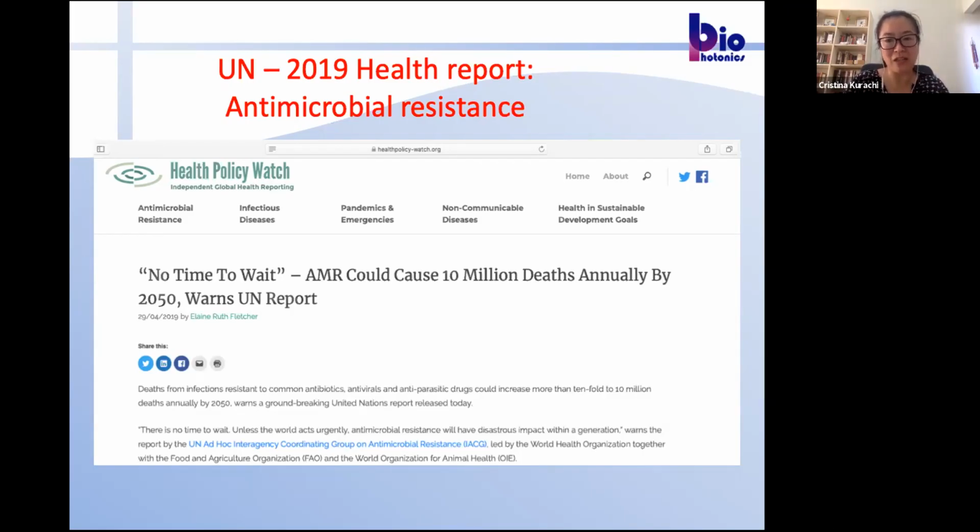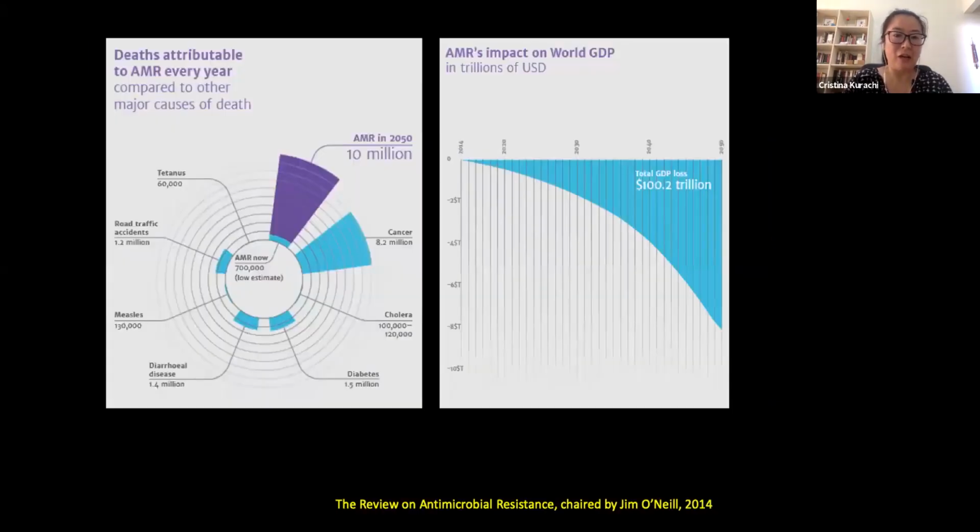effective measures are taken to control the infections caused by resistant antimicrobial organisms. And of course, this is a huge loss of lives, and it is also a huge economic loss.